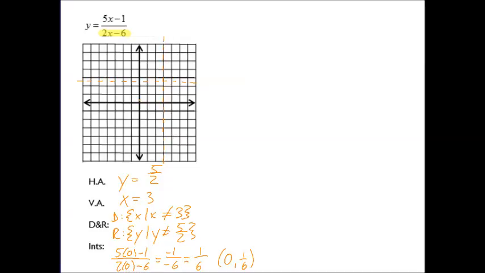Our x-intercept is again going to be where our numerator turns to 0. 5x minus 1 is equal to 0. That means 5x is equal to 1. Dividing by 5, x is equal to 1/5.